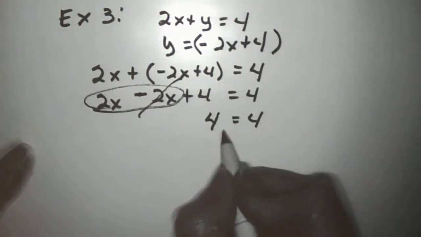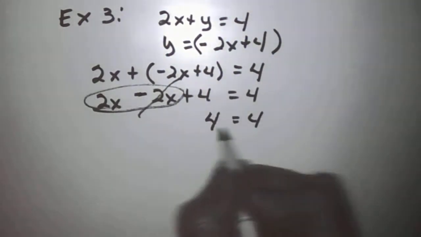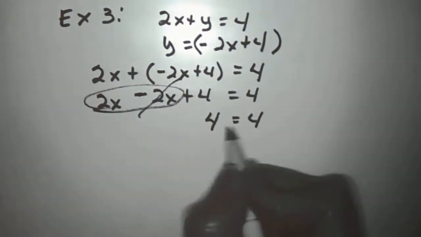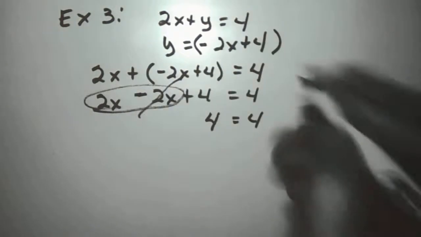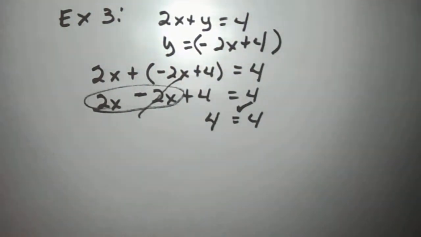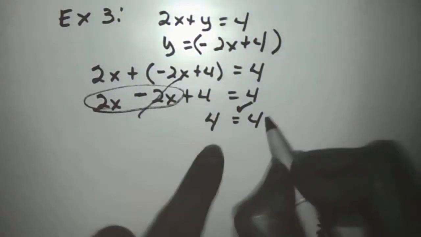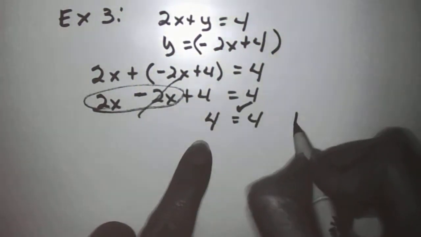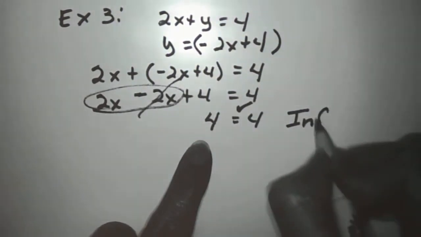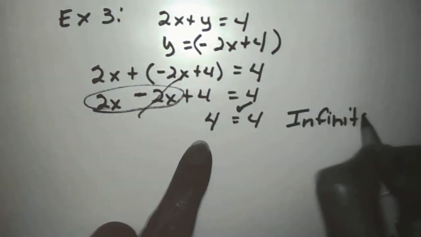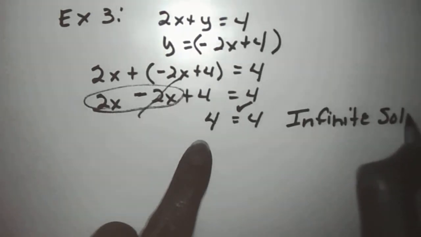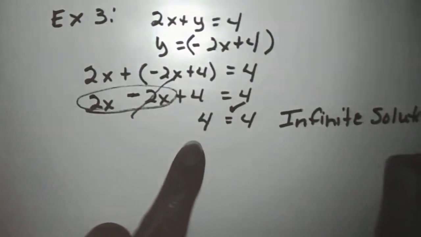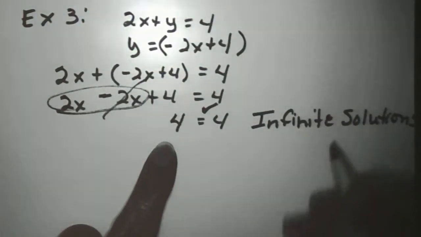This time you end up with something that equals both sides, doesn't it? 4 equals 4. That is true. But we got rid of our variables, didn't we? So in this particular case, when they do equal each other, we call this an infinite solution. Infinite solutions. The system is coincident.